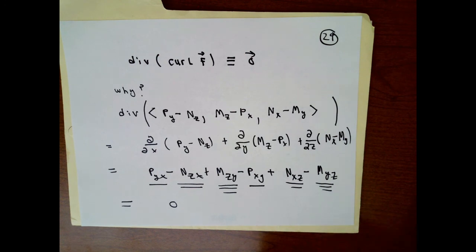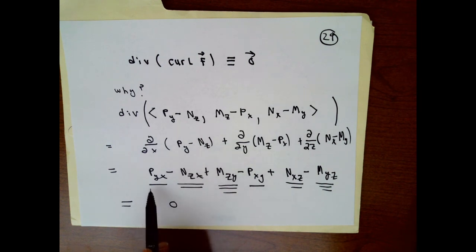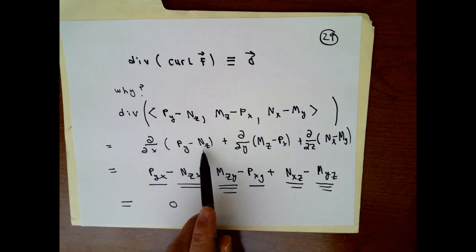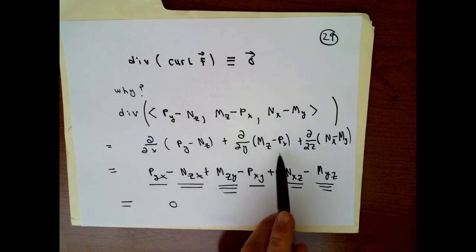I'm going to use the subscript notation so I don't have to write so much. This would give me the second partial of p first with respect to y, then with respect to x, minus the second partial of n first with respect to z, and then with respect to x, and so on and so forth.